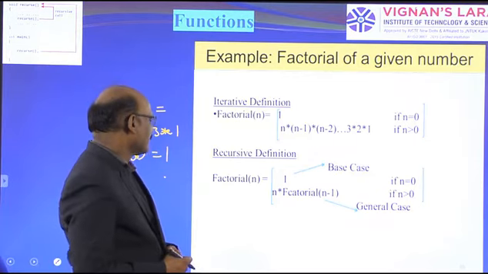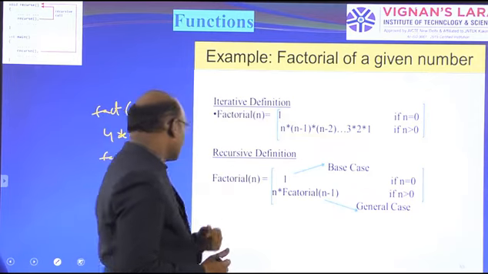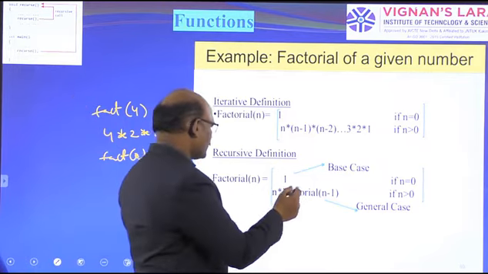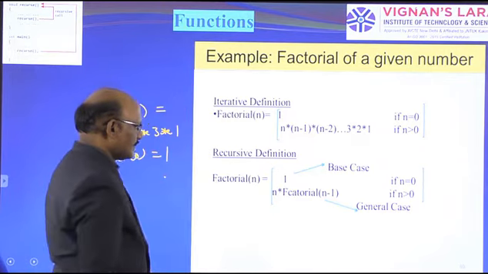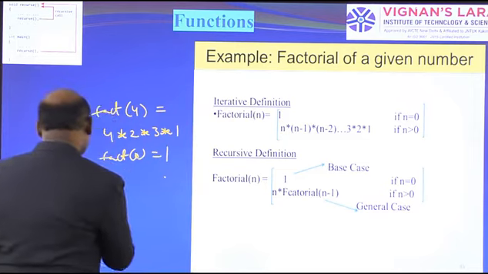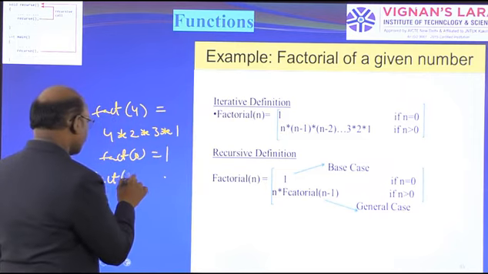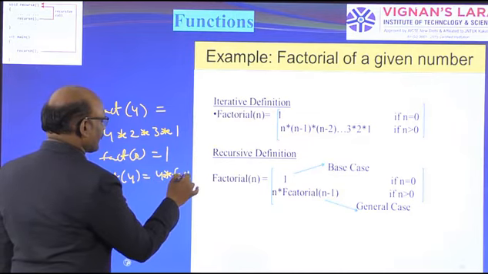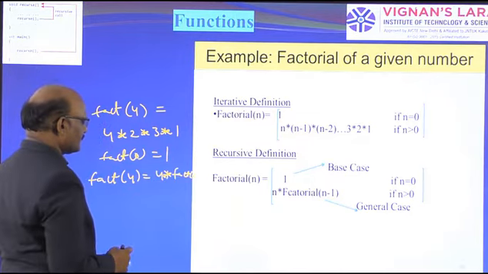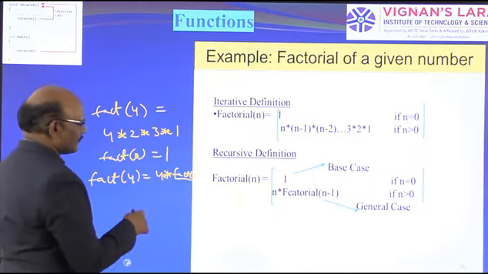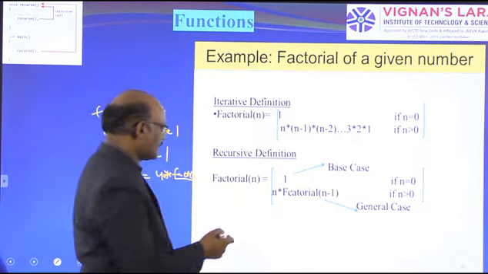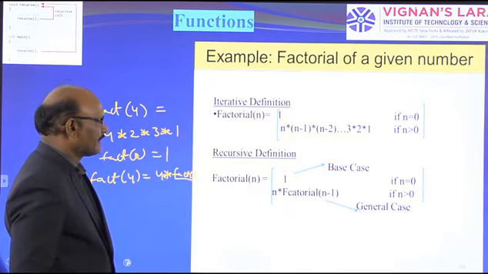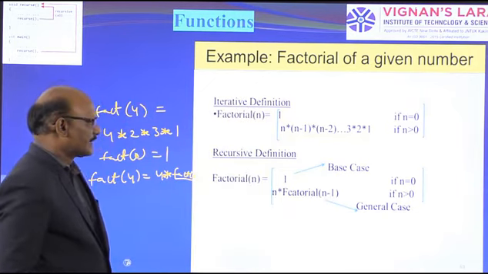Coming to the recursive definition, factorial of n will be calculated as follows. If n is equal to 0, its value is 1. If n is greater than 0, factorial of 4 is equal to 4 into factorial of 3, right? Factorial of 3 is 3 into factorial of 2 and so on. In the general case, it can be written as n into factorial of n minus 1, if n is greater than 0.